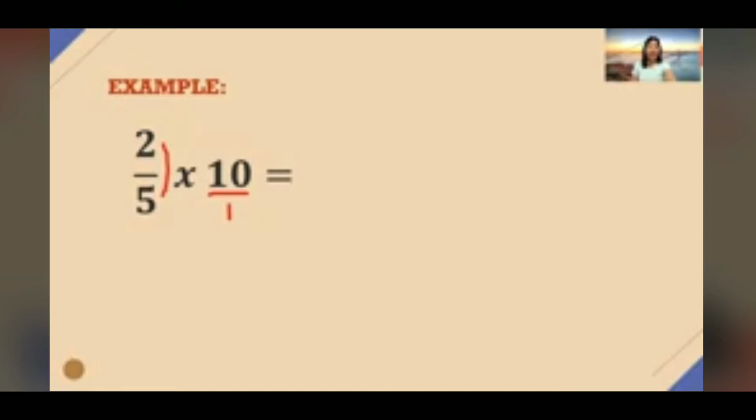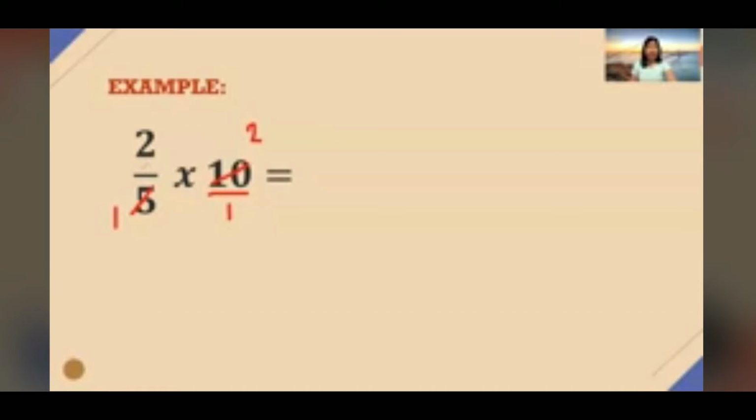None, right? How about 2 and 1? None. How about 5 and 10? Yes, there are. They are both divisible by 5. So 5 divided by 5 is 1, and 10 divided by 5 is what? 2. Alright?